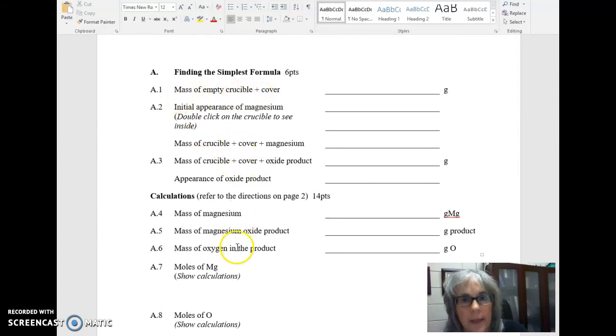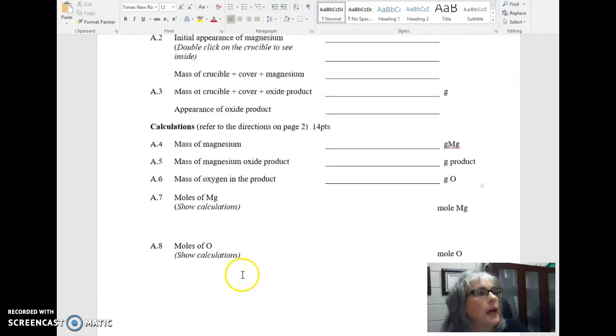Make sure you write down all your digits on all this. So now we've got the mass of the magnesium and we've got the mass of the oxide product. If we subtract those two, we'll get the mass of the oxygen in the product.